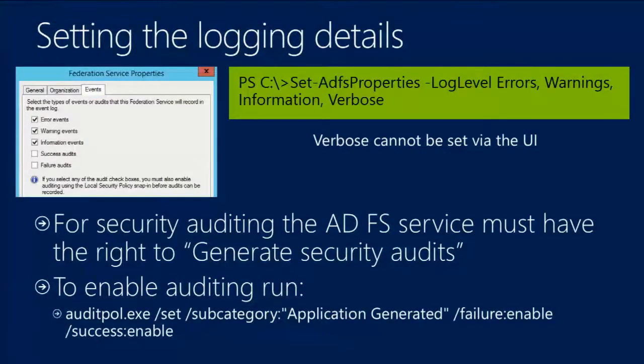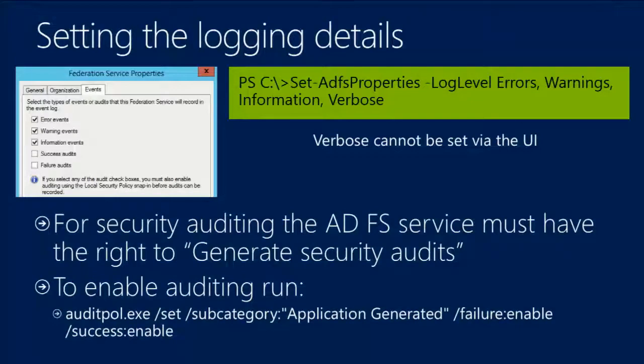In terms of setting the logging details, you've got error, warning, information, and verbose. Through the UI, you cannot set verbose. By default, it's on. All you can do is change error, warning, and information. By default, success audits and failure audits are not on.